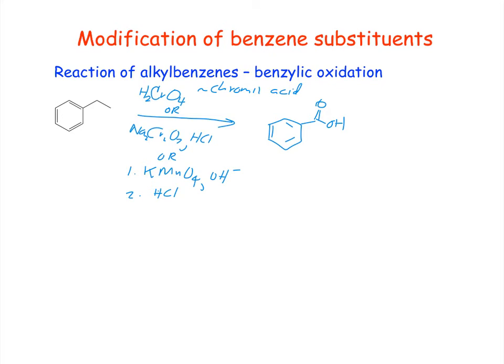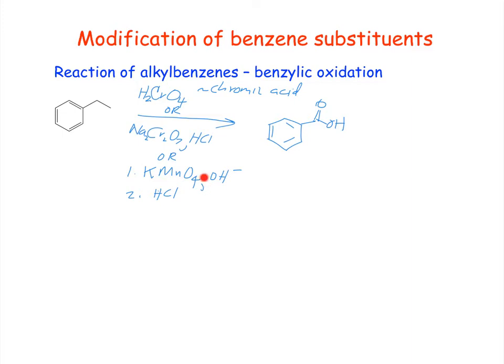So under these conditions down here, if basic potassium permanganate oxidizes this, why would we have to add acid in the end? Would we get this form of the acid if it was in hydroxide? No, what would we get? Right, we'd get the conjugate base.